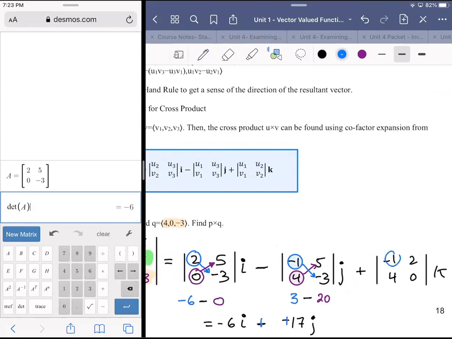Diagonal down, diagonal up. So on the downward swing, 0, minus, on the upward swing, 8. So plus built into the formula, -8, K.